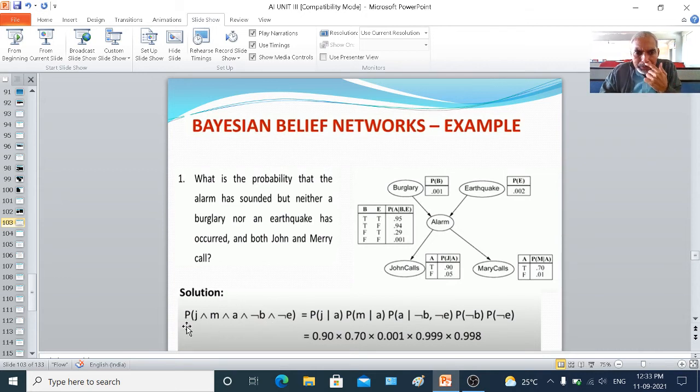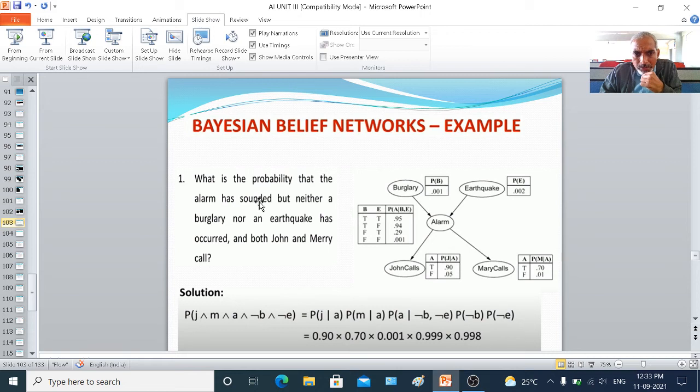Now how do we write this? We can write it as probability of C here. From this problem, both John and Mary are going to make a call. So the probability of J and M, they are going to make a call, and A. What is this A? Alarm has sounded, right? And negation B. Why negation B?